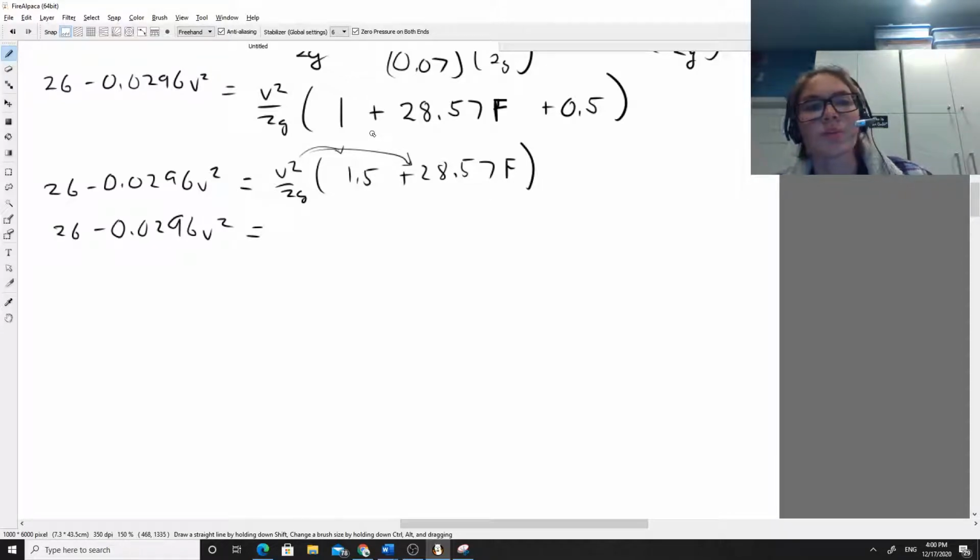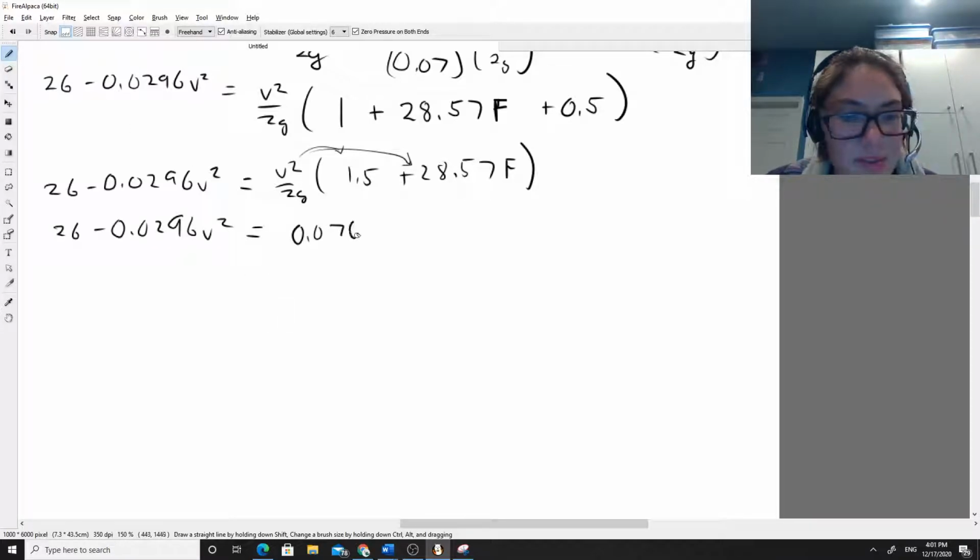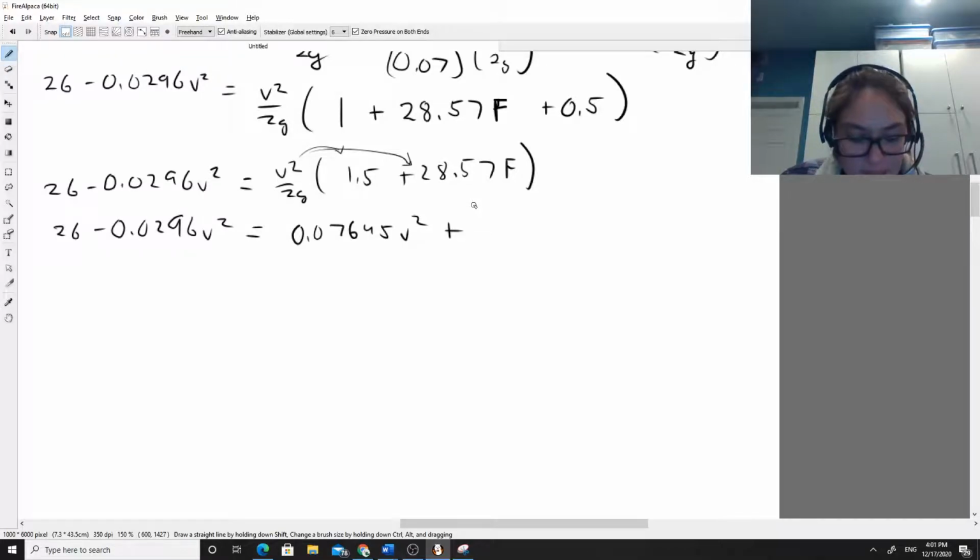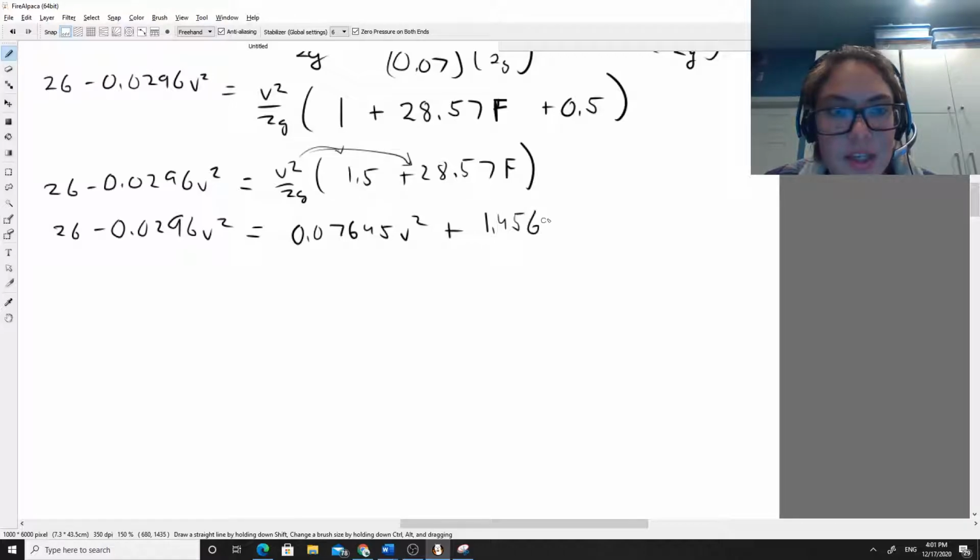I'm going to take 1.5 divided by 2 and divided by 9.81, which is g. It's going to give me 0.07645 V squared plus, now I'm going to take 28.57, which is the coefficient of F right there, divided by 2 and divided by 9.81, and that's going to leave me with 1.456 V squared F, or F V squared.